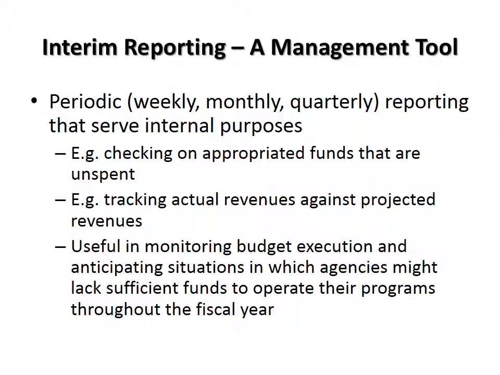Examples of interim reporting may include checking on appropriated funds that are unspent, or tracking actual revenues against projected revenues. As these examples illustrate, interim reporting is useful in monitoring budget execution and anticipating situations in which agencies might lack sufficient funds to operate their programs throughout the fiscal year.